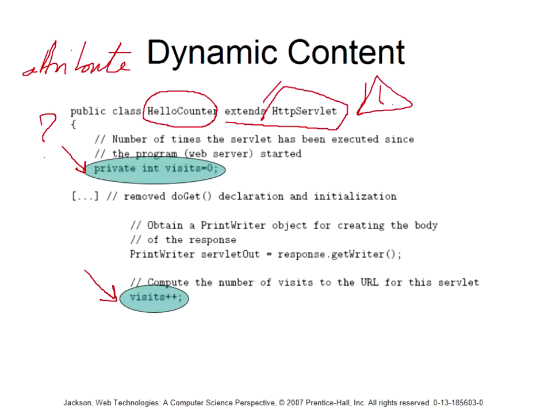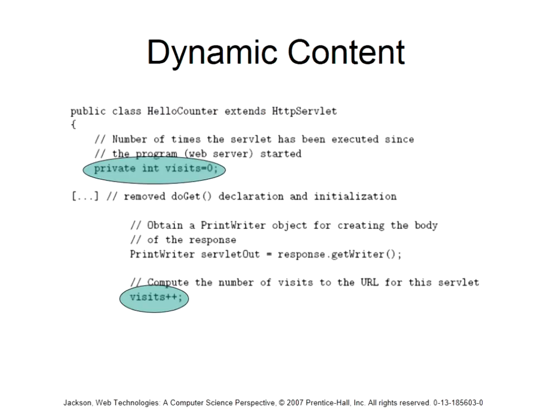So here in our example, let's suppose that for the first execution, if I execute this servlet, what is the number of visits displayed? 1, very good.